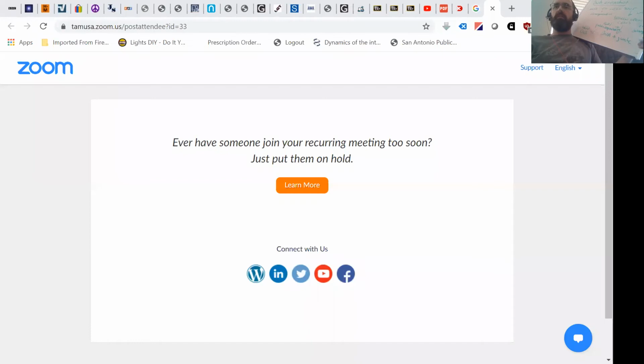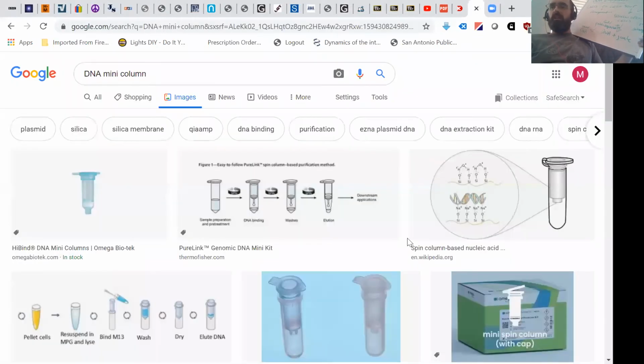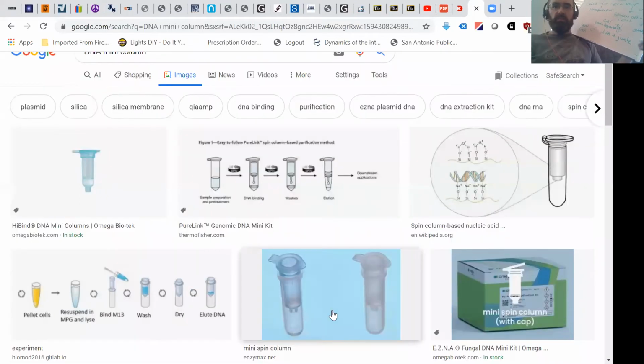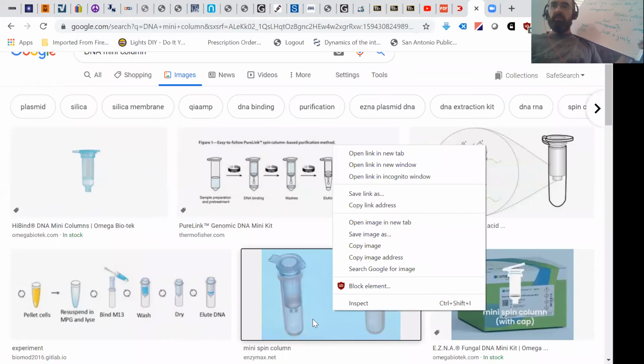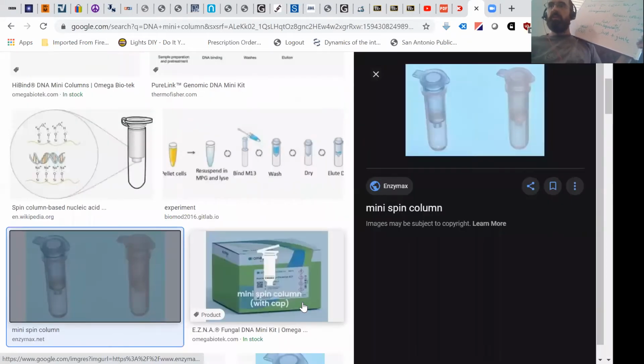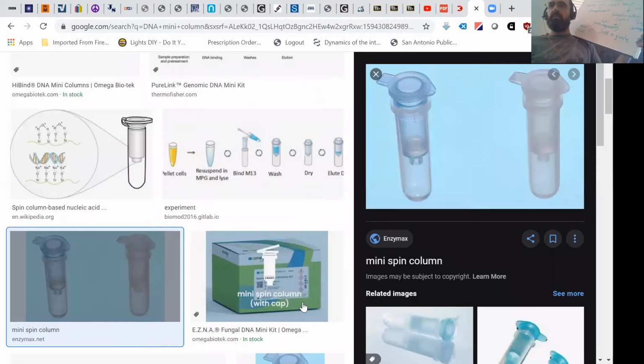So essentially, let's see if I can make these a little bit bigger.